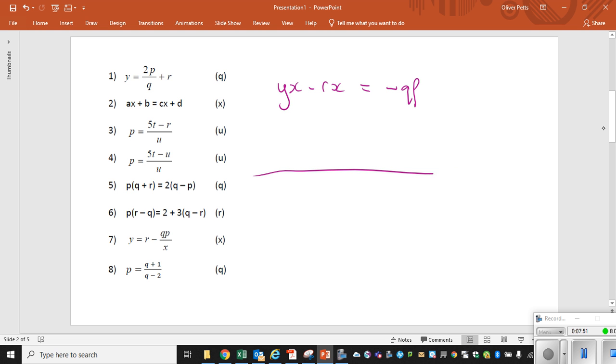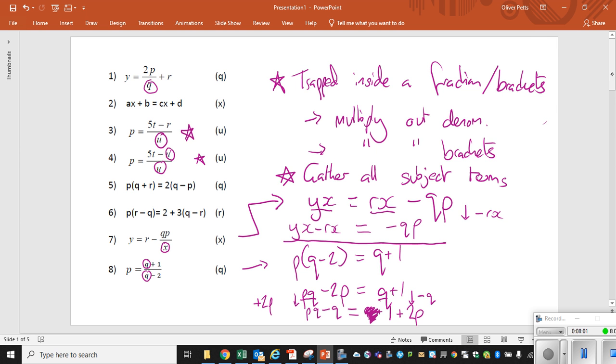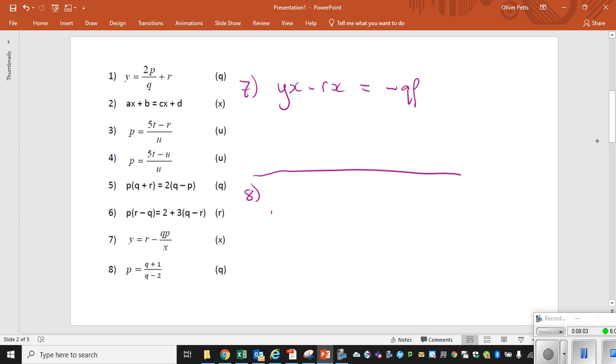So that was question 7. That's what we got up to. And question 8, we got up to the point where we had PQ minus Q is equal to 1 plus 2P. Okay, so that's where we got to.